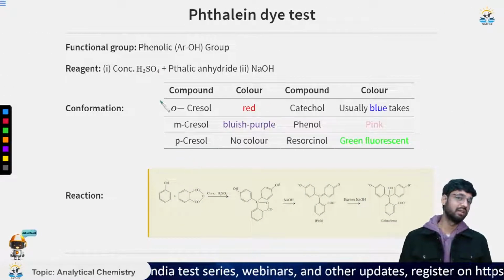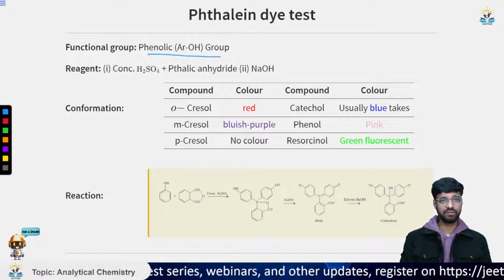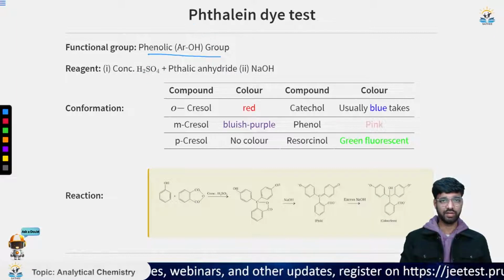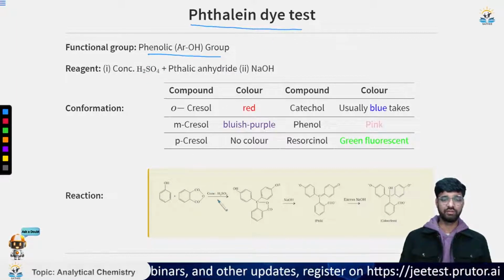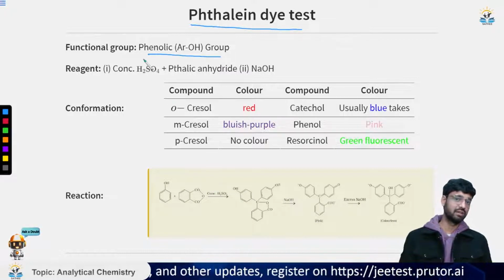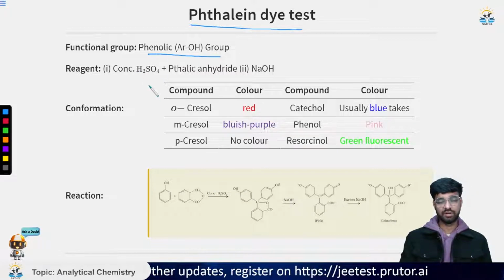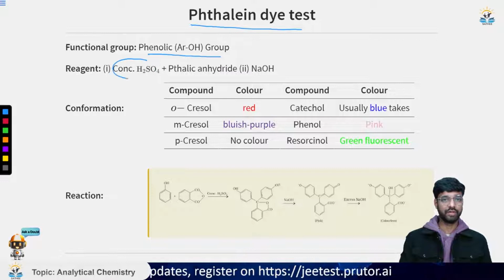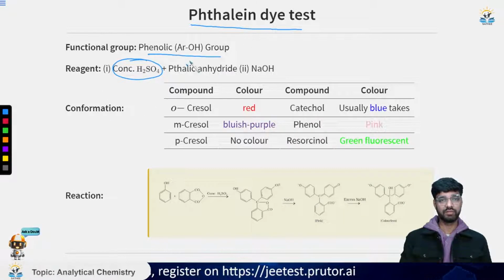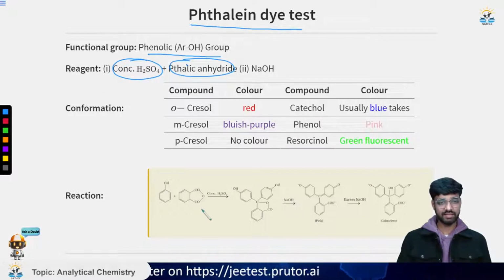Next, for the phenolic functional group, there is the phthalein dye test. We take the solution of this compound and treat it with conc. H2SO4 plus phthalic anhydride. So this reaction takes place. It is an electrophilic aromatic substitution reaction.